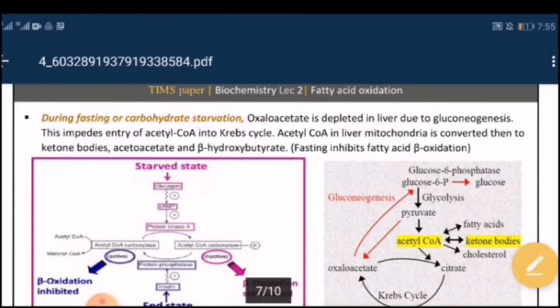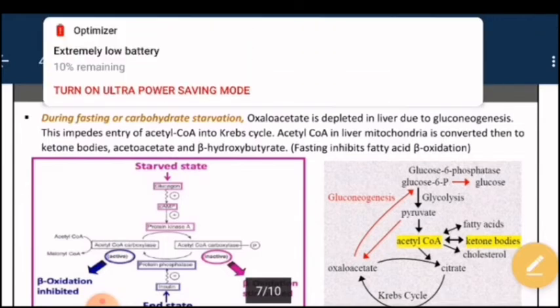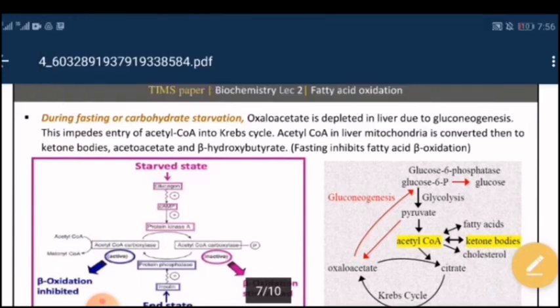During fasting, oxaloacetate is depleted inside the liver due to gluconeogenesis, and this impedes the entry of acetyl-CoA into the Krebs cycle, instead of using it for beta oxidation, and causes it to be converted into ketone bodies.